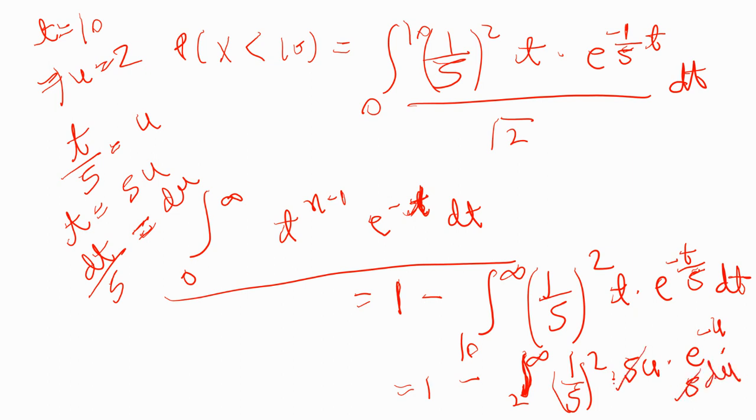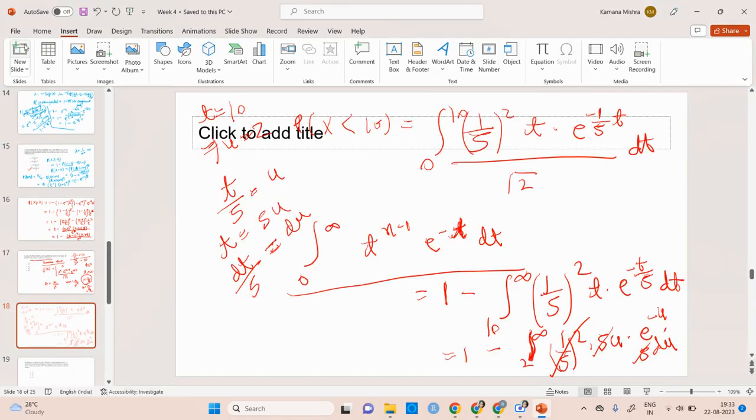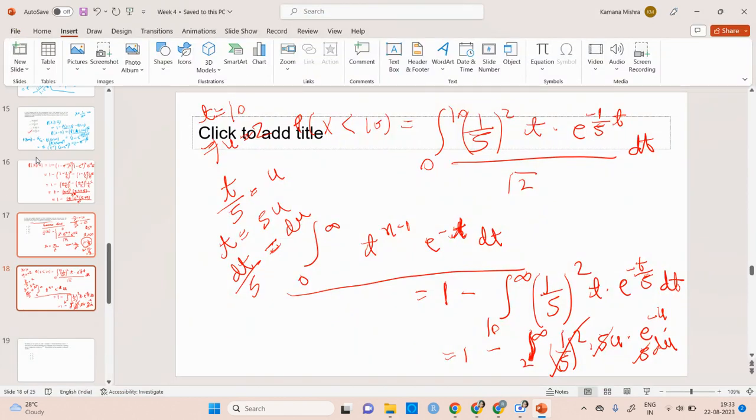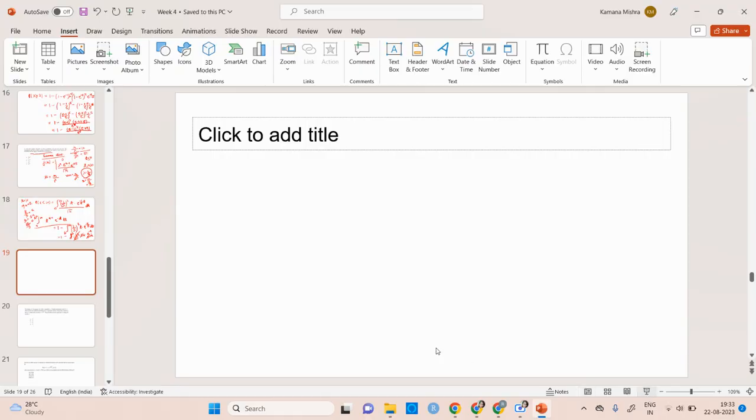So 5 and 5 will be cancelled out by 1 by 5 squared. So ultimately, it will be 1 minus the integral from 2 to infinity of u e to the power minus u du.